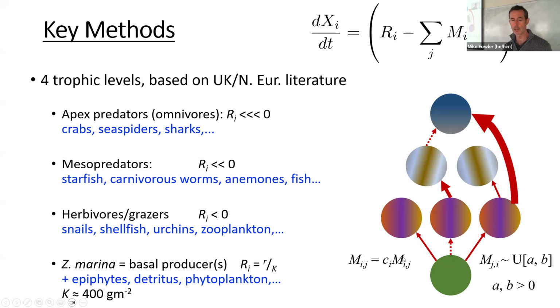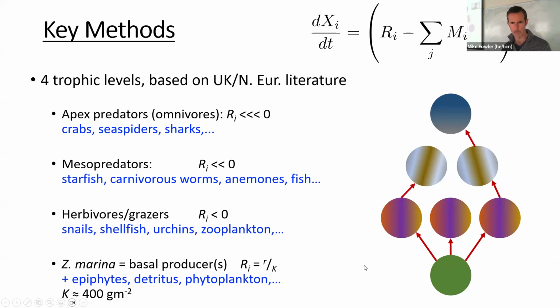And then, well, maybe that should be the other way around. The conversion efficiency is this parameter c here, just the opposite of the other trophic direction, and that tells us how much benefit a consumer gets from its prey species.